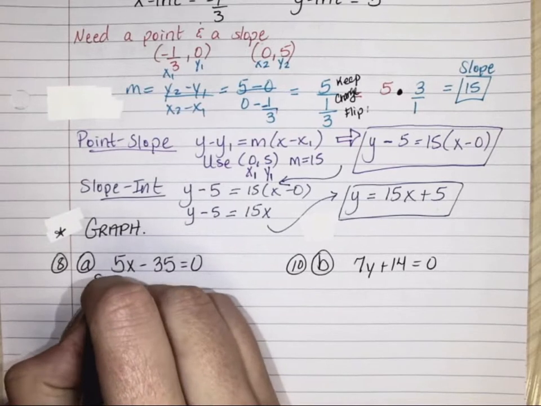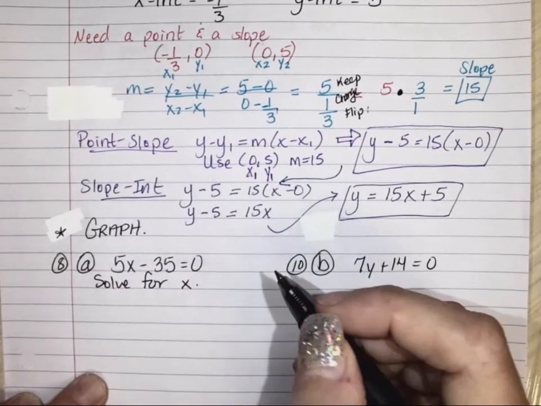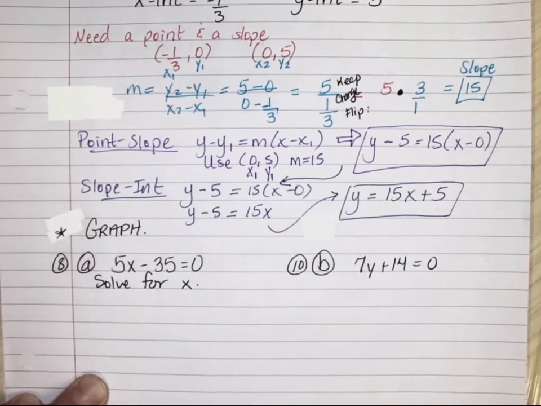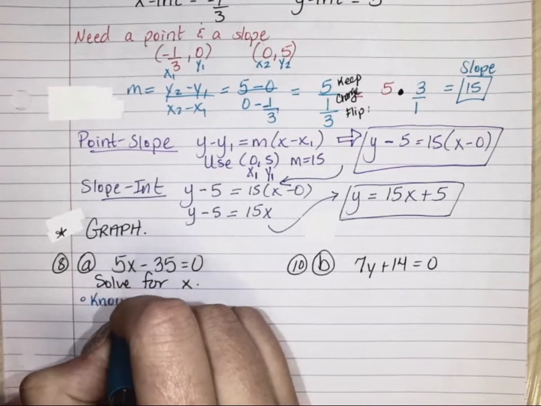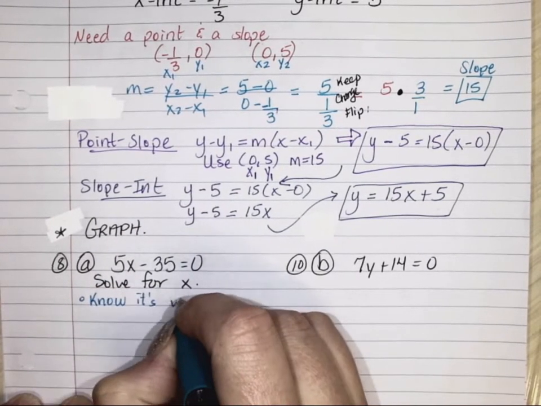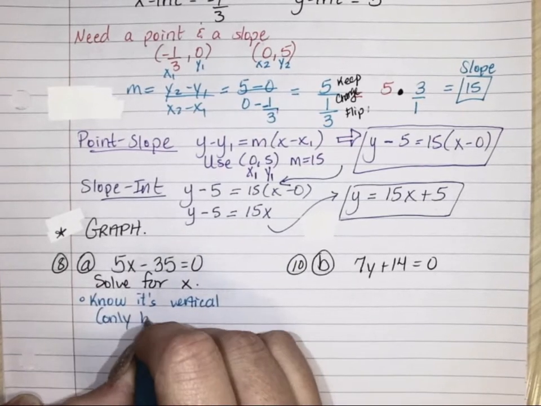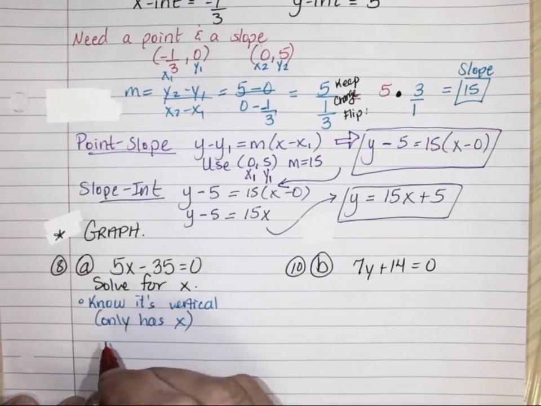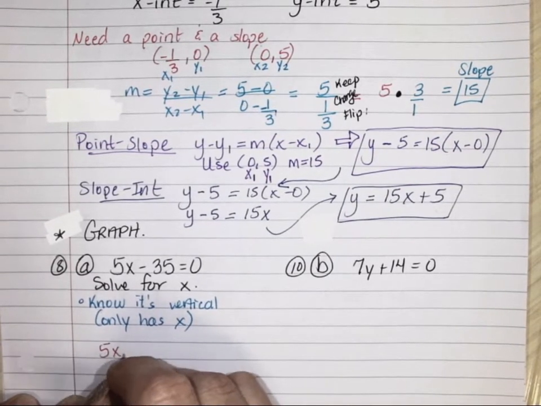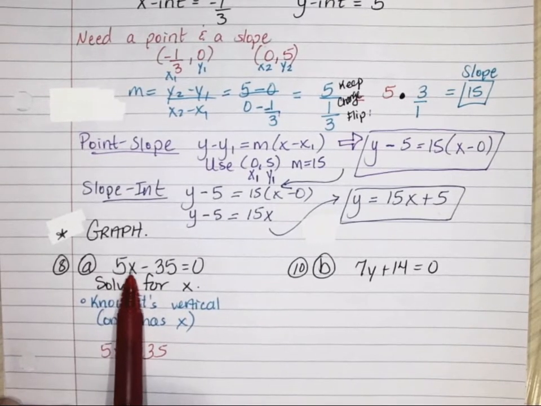Let's solve for x. I know this is going to be a vertical line. No, it's vertical. And the reason is it only has an x. Only has x and no y. So when I solve this, I get 5x equals 35, which you can do in your head. 5 times 7 is 35.